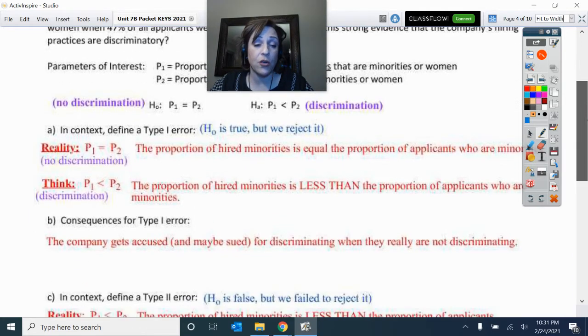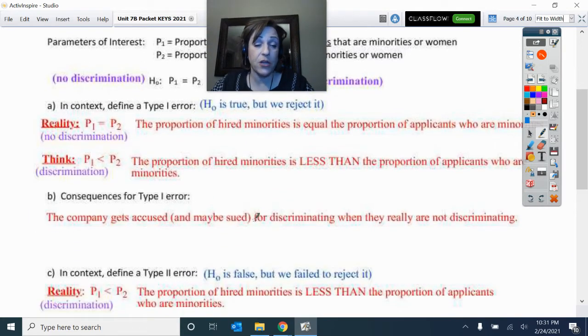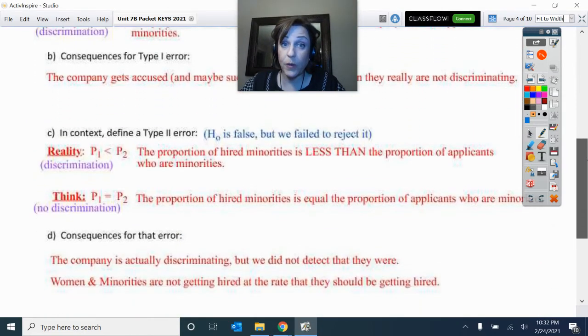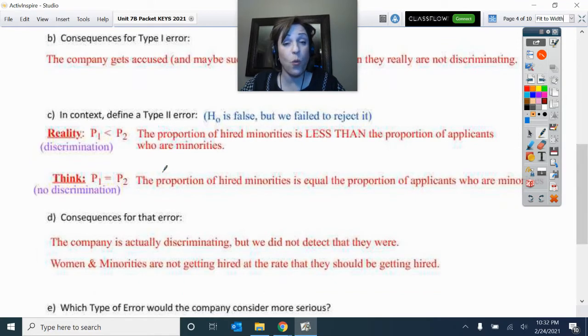So H0 is true, there is no discrimination, but our sample makes us think that the company is discriminating. A consequence of this error is that the company could get sued. Well, they're accused at the very least, maybe sued, for discriminating when they really are not. Type 2 would be the opposite situation, where the reality is that they are discriminating.